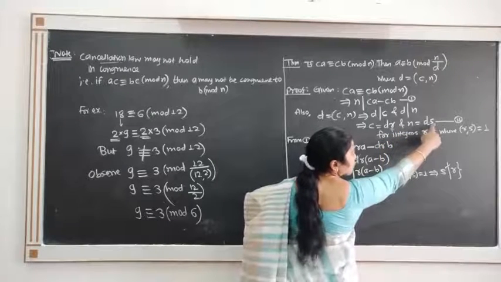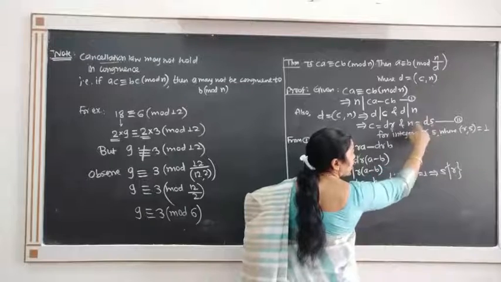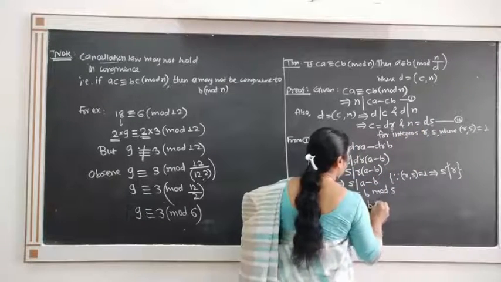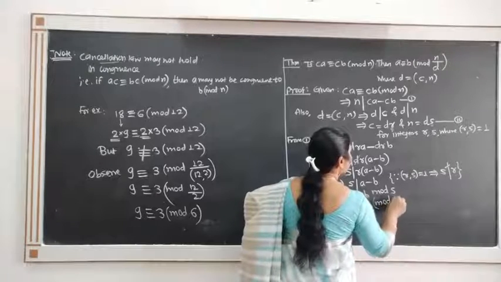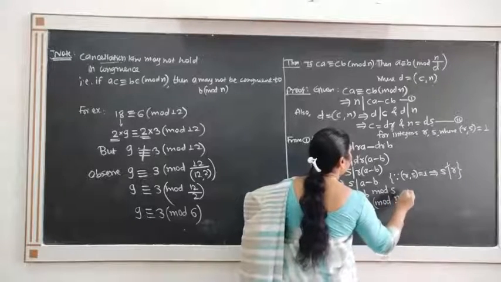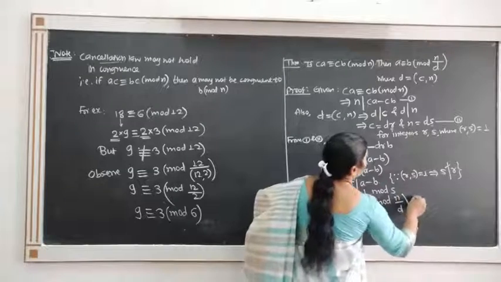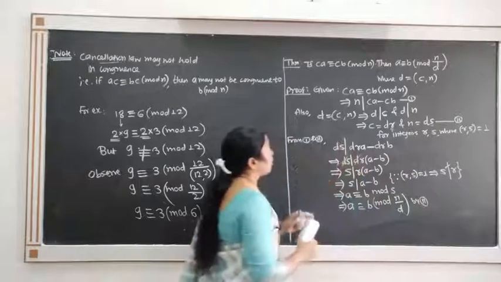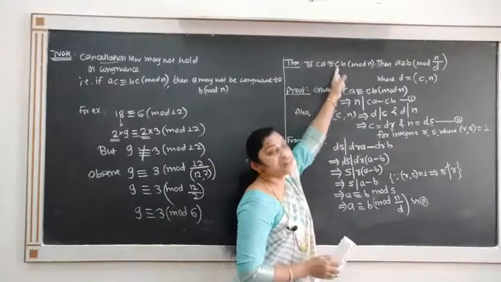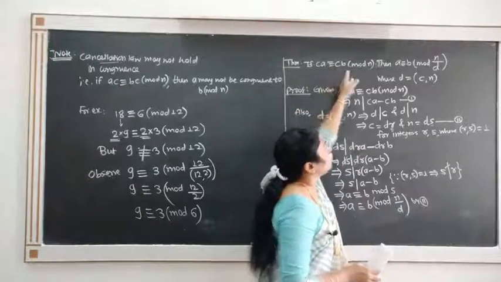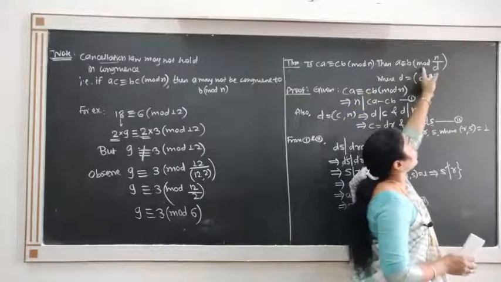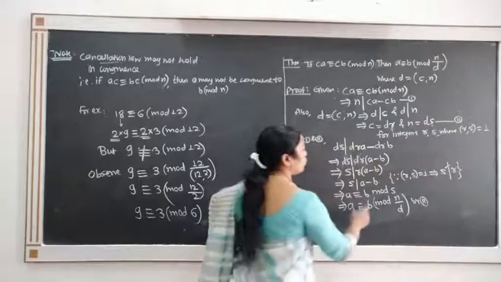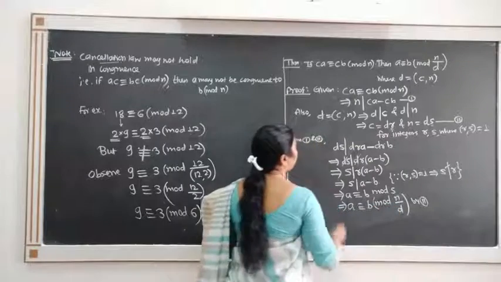See from here, S is nothing but n by D, and therefore A is congruent to B mod n by D. So observe that we are not able to cancel C, but that will become congruent mod n by D.